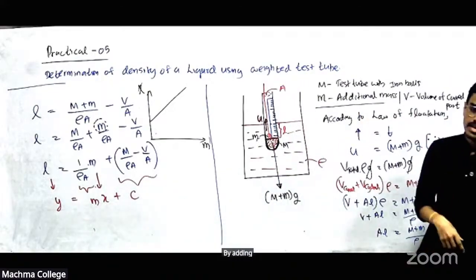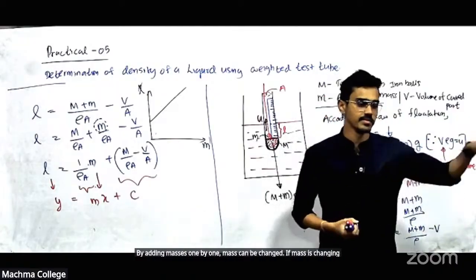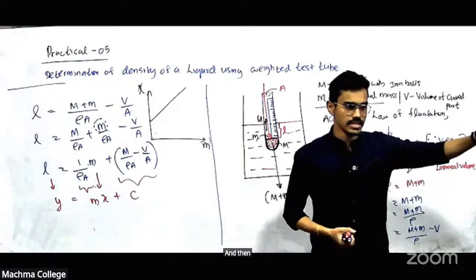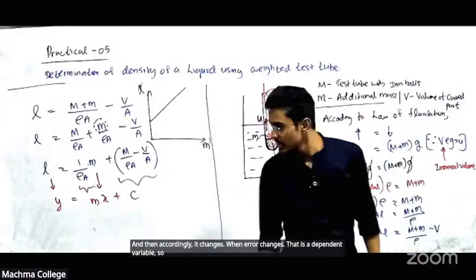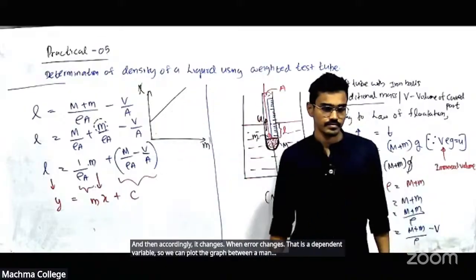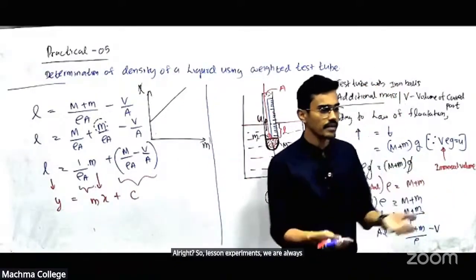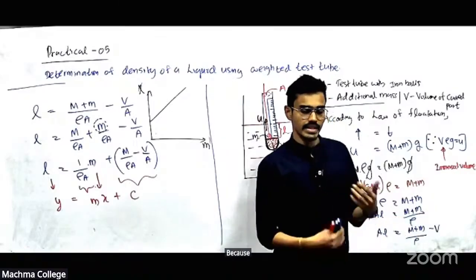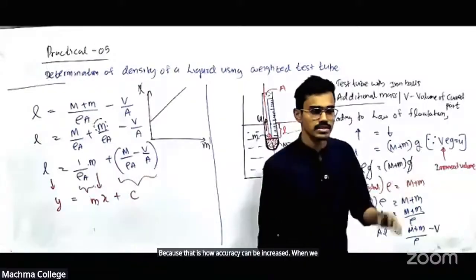That is the idea. By adding masses one by one, the mass can be changed. If the mass is changing, the independent variable will be mass, and then accordingly L changes. When L changes, it is the dependent variable. So we can plot the graph between M and L. Always in experiments, we try to plot graphs, because that is how accuracy can be increased.